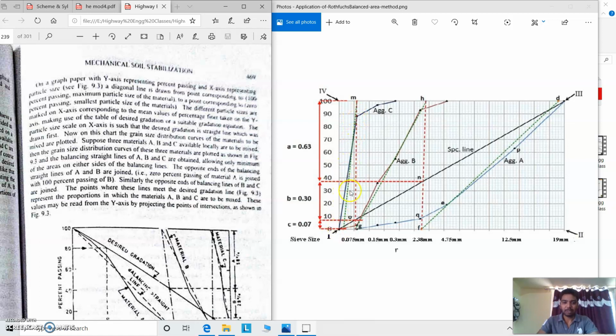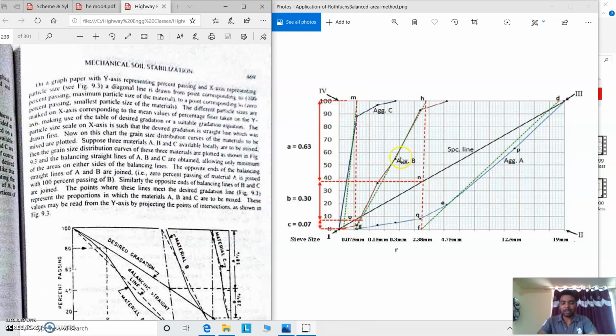We don't have any percentage passing in this area. That is, aggregate C has not retained anything on 50 mm, 60 mm, 70 mm or 80 mm. Up to 90 mm no material is retained. Directly it is retained on the 90 mm and 100 mm sieves, right?